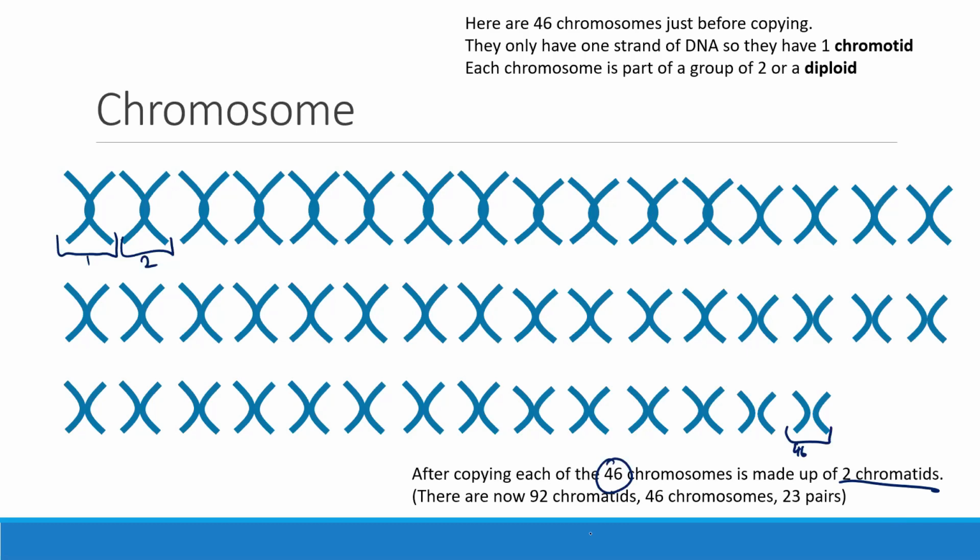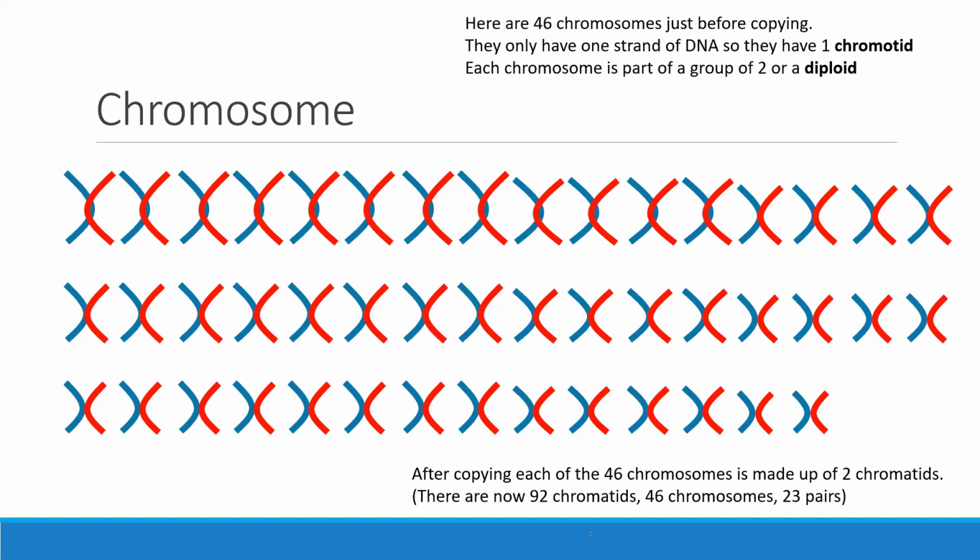Now this is going to get a bit confusing because they're all blue, so let's make some of these red. There are still 92 chromatids and still 46 chromosomes, but now that they're in red, I can tell them apart.